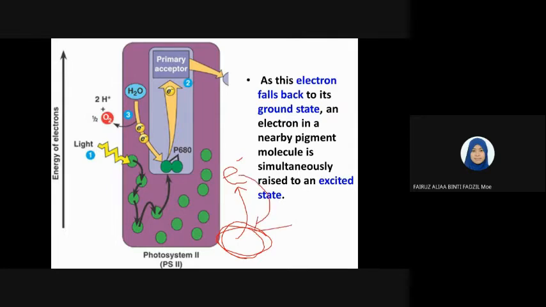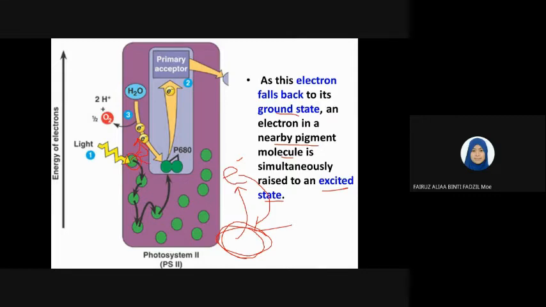As this electron falls back to its ground state, an electron in a nearby pigment molecule is simultaneously raised to an excited state. For example, this pigment molecule has electrons. Once it absorbs the light, the electron will be raised to the excited state, and then it will fall back to the ground state.